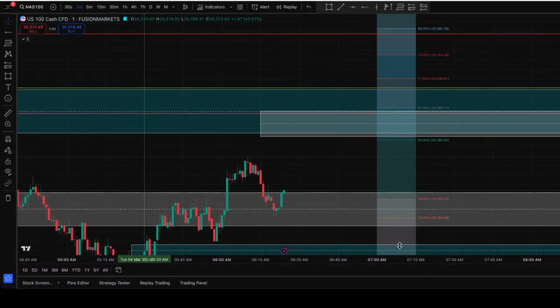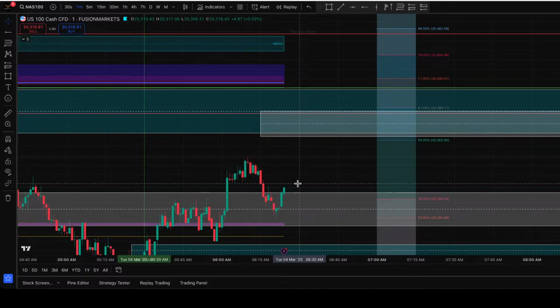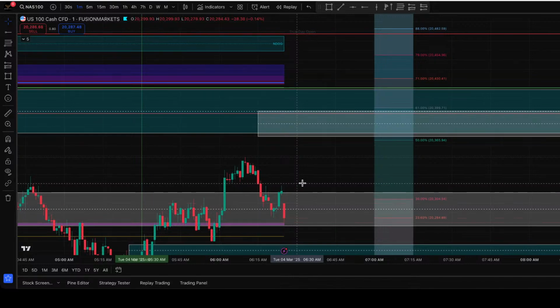Now right around this time, on this next candle, we should see a gap. Usually does it right at the 25-minute mark. Not always. There it is.